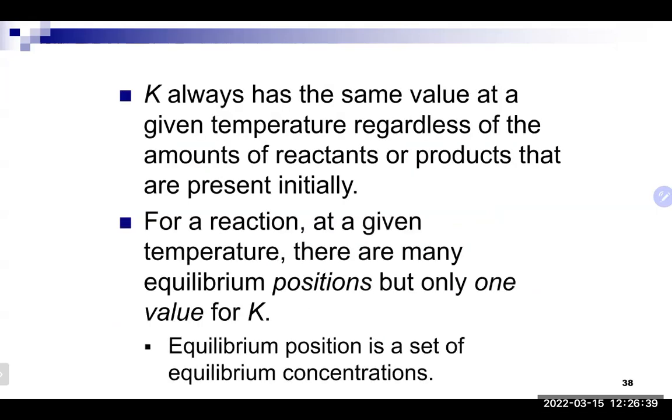All right, so K, as I mentioned, has the same value regardless of what you start with. And again, as I talked about last time, that is a very hard concept for people to think about. They think, I started with way more reactants in this run than in the first run, so I should end up with a different equilibrium constant, and that's just not the case. You will end up with the same ratio of products to reactants when you calculate the equilibrium constant.